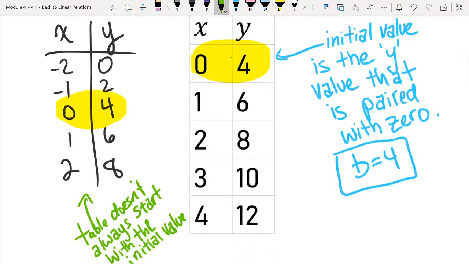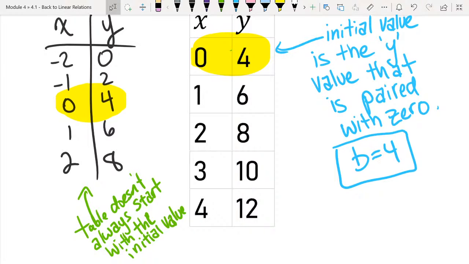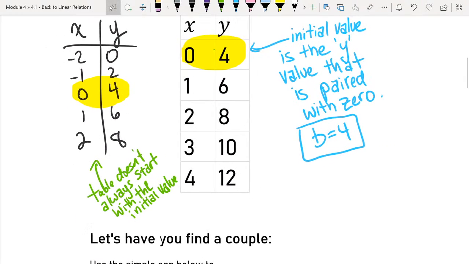Your table isn't always going to start with your initial value, and that's okay. That doesn't mean that there's something wrong with that table. You just find the one that is paired with 0. As long as you find the one that's paired with 0, you're going to be fine.